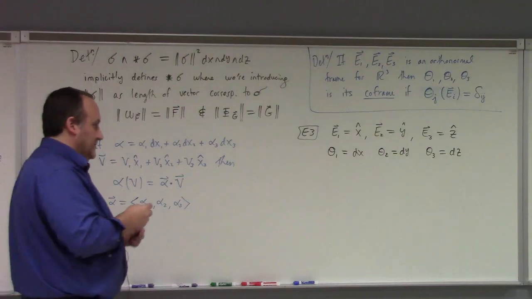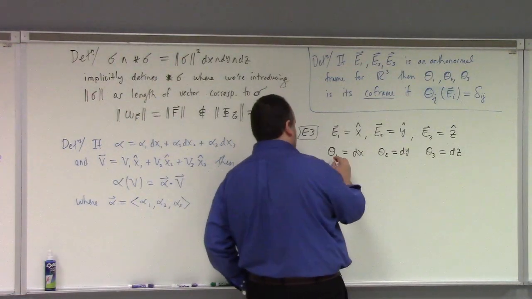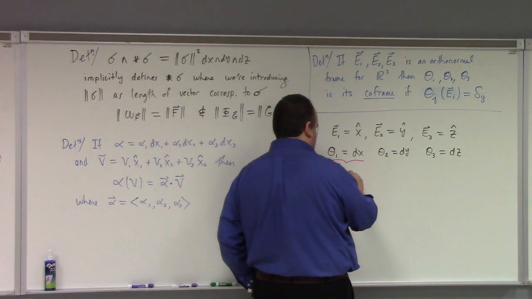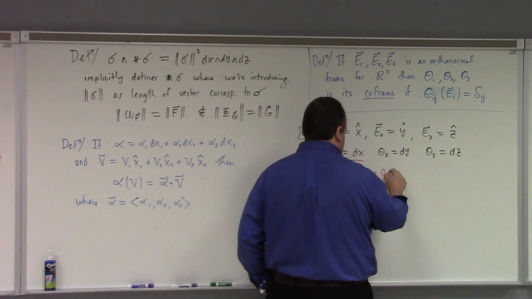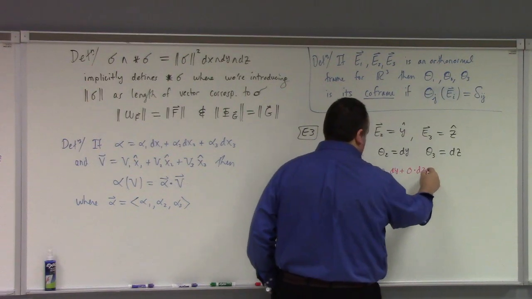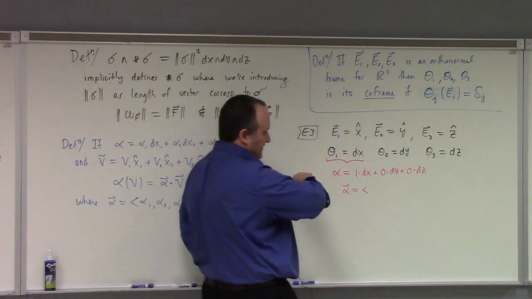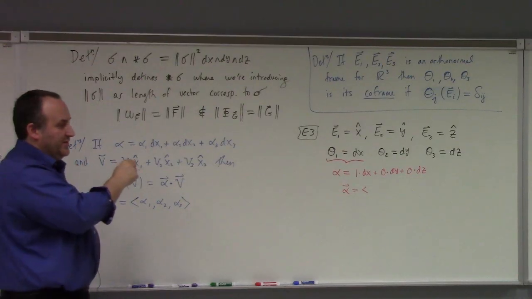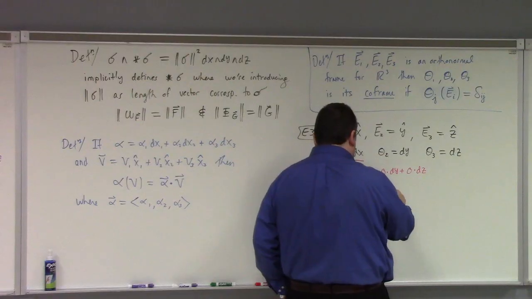Let me expand on that for just a second. If I think about this as alpha, alpha is equal to 1 times dx plus 0 times dy plus 0 times dz, right? So that shows you that the components of that differential form are simply 1, 0, 0. So my alpha vector for that is just (1, 0, 0).